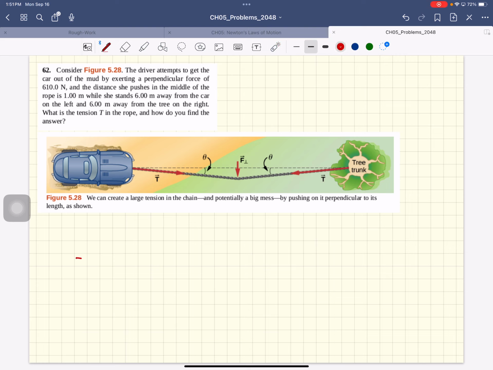Now we'll reduce this diagram. We'll say this is an equilibrium. So what we are saying is, F is 610 newtons.